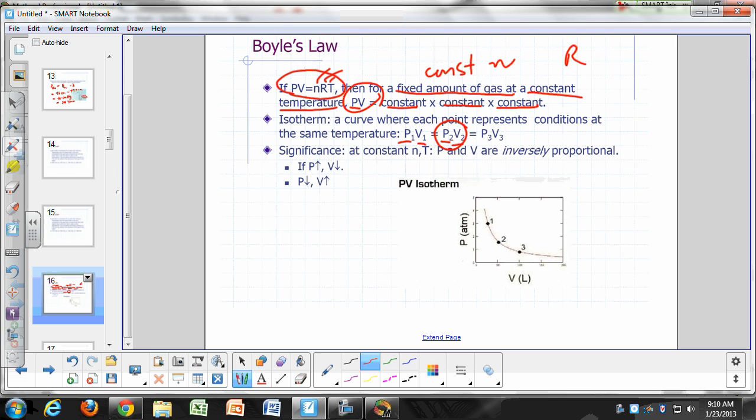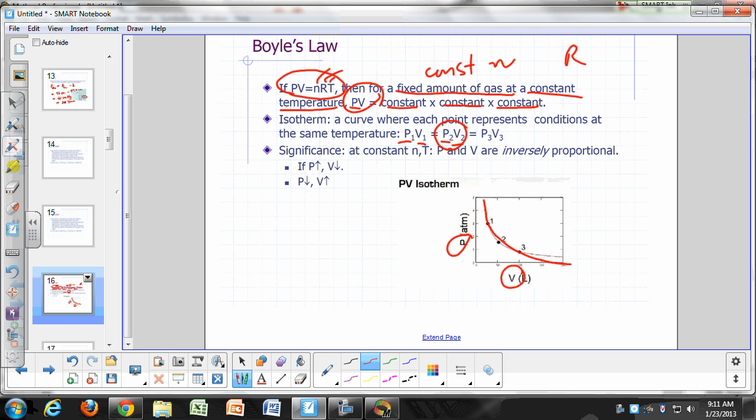So P1 V1 equals P2 V2 equals P3 V3. If you were to plot all those possible conditions on a chart, pressure versus volume, all the points that are at the same temperature for a fixed amount of gas will fall in a curve that looks like this.